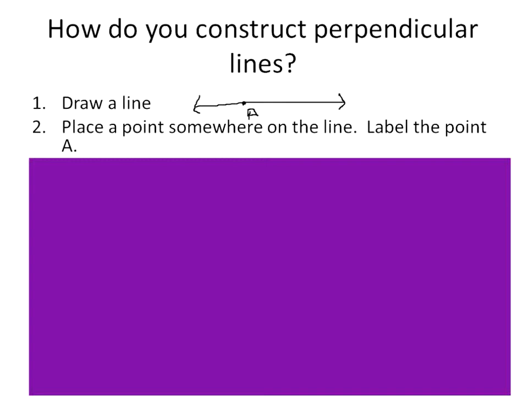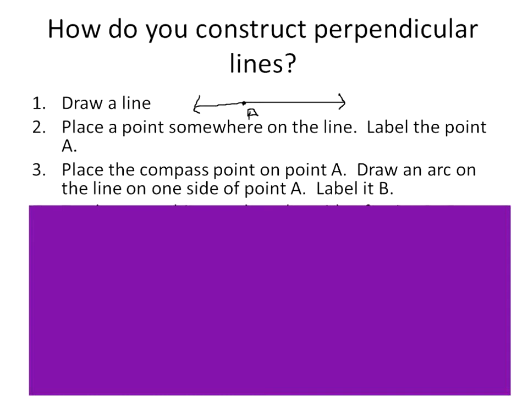Now what you're going to do is place your compass on point A, and draw an arc on the line on one side of point A. So before you go, let's see what I'm talking about. My compass looks a little different than yours, so I use a string.